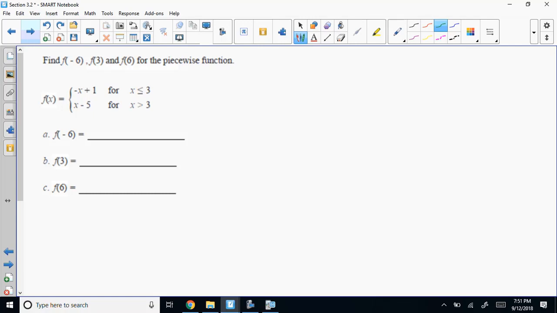Okay. So this one doesn't have a graph. What are you going to do here? I'm going to give you 30 seconds. Let's see what you can do. Some of the strategies are to identify your domain and then see which equation to evaluate in.